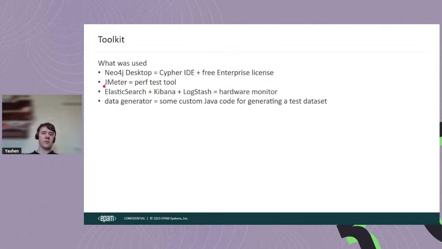Then I used good old JMeter for the perf tests themselves, and I used the ELK stack to monitor hardware usage. And finally, I had to write some custom Java code, of course, to generate the test data itself.